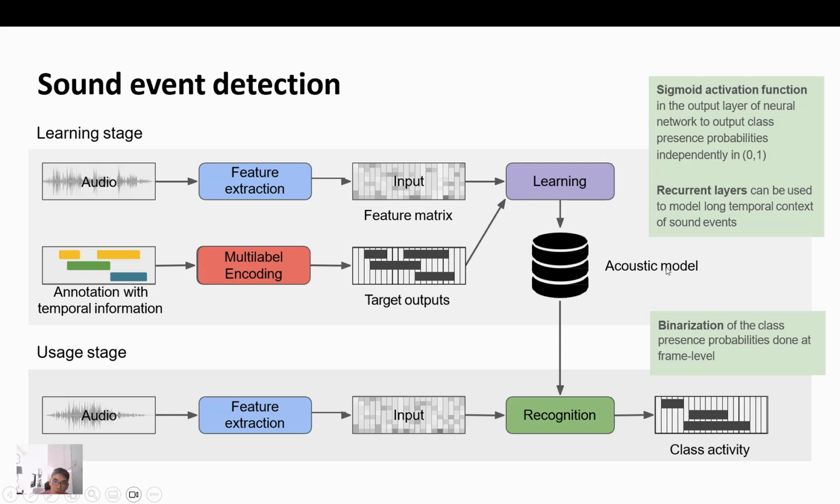Okay, so for the inference stage, we have the audio, feature extraction, input recognition, and now you can see the binarization of class presence probability done at the frame level. Okay, so in the frame level, the vertical stripes are the frames, and the horizontal ones are all the tag labels, like for example, speech, car horn, and dog barking.